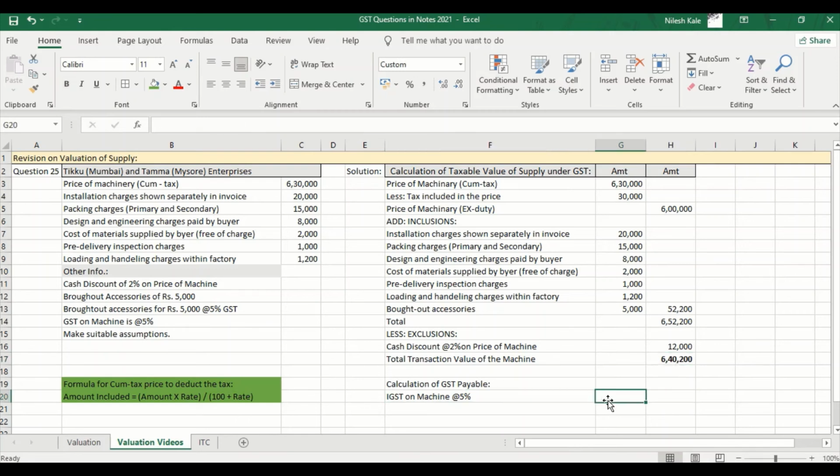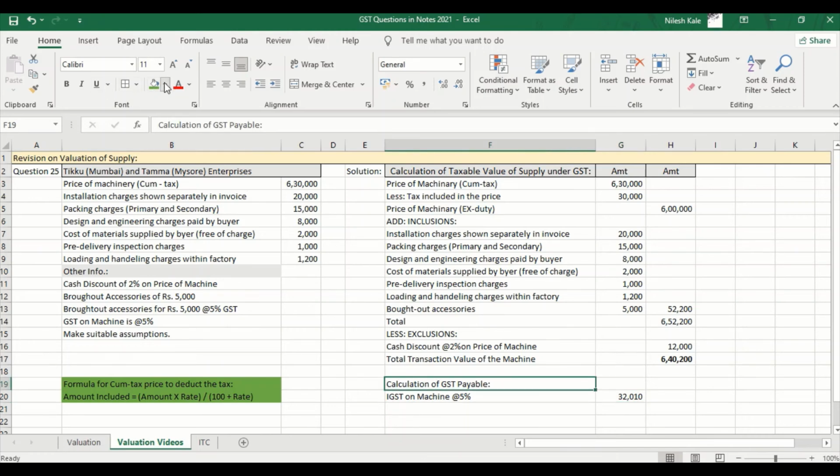I will write here the formula: 6,40,000 into 5 divided by 100. So 32,010 rupees is the IGST payable on machine, including the brought out accessories, that is 5%. Because this 5,000 is already included here, so 5% is already calculated on 5,000 here, right? So that's all about this question.